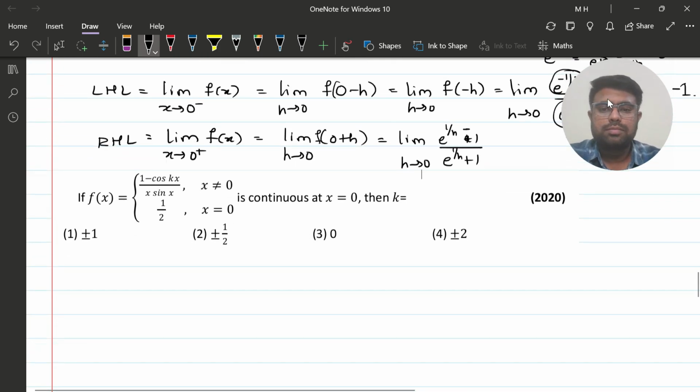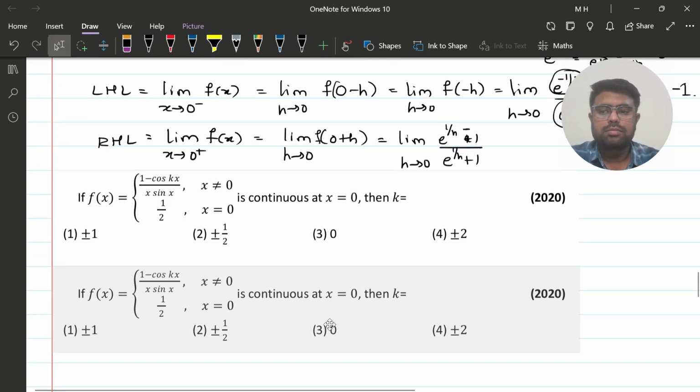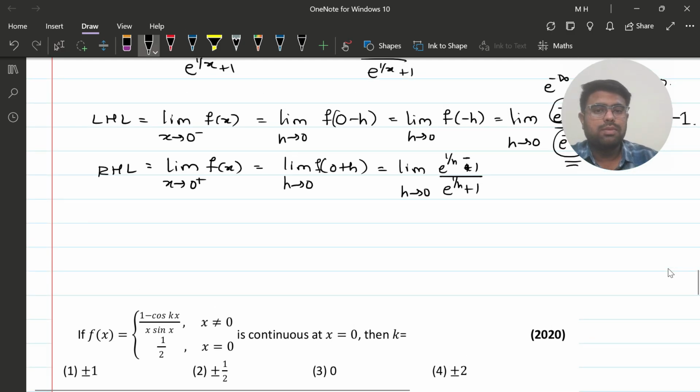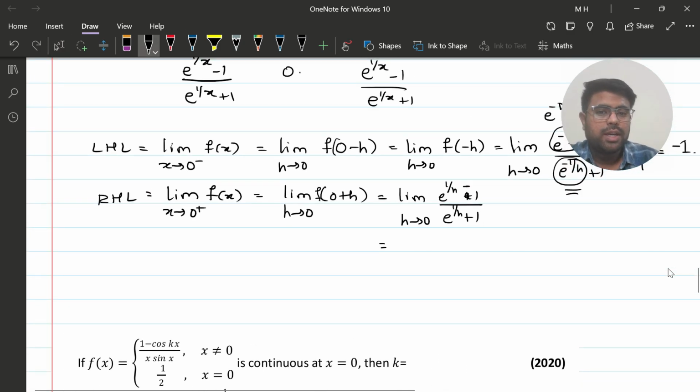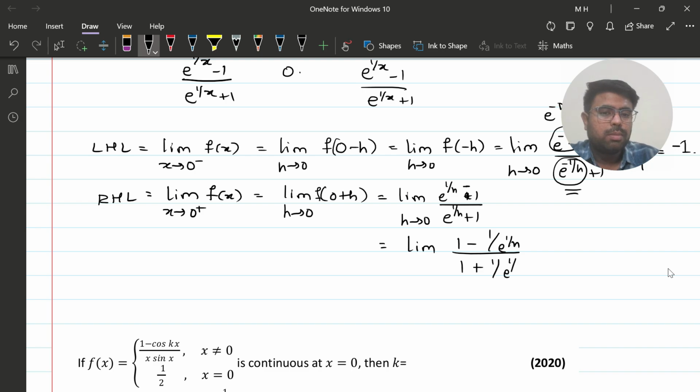So what I'll do is I'll divide every term by e raised to 1 by h. So I'm going to get 1 minus 1 by e raised to 1 by h divided by 1 plus 1 by e raised to 1 by h as h tends to 0. So this is going to be infinity, 1 by infinity is 0. So this term is 0 and this term is also 0. So you are going to get 1 by 1, which is equal to 1.